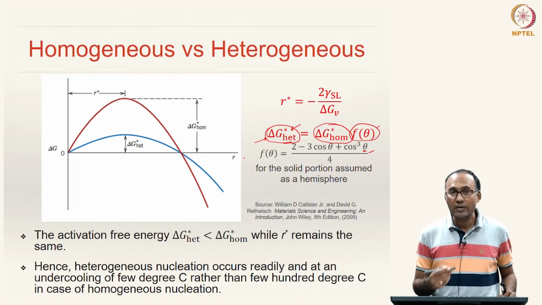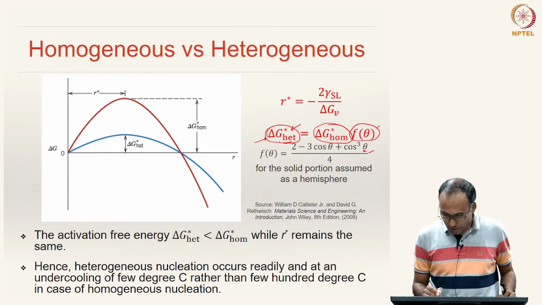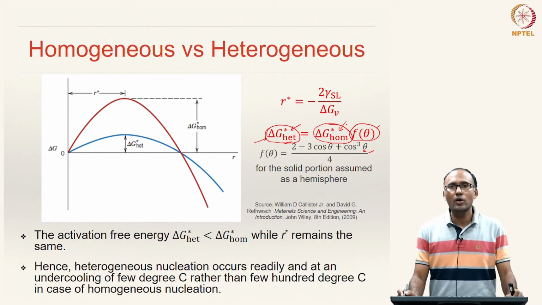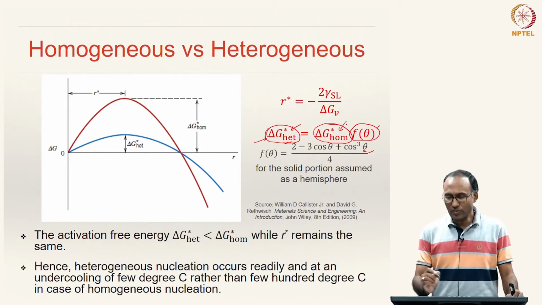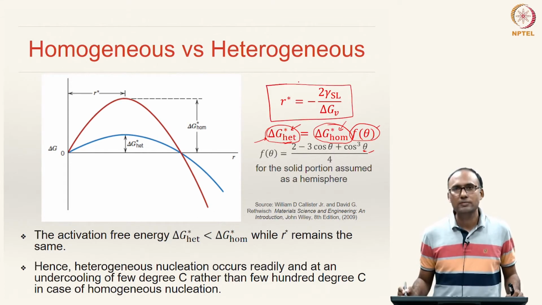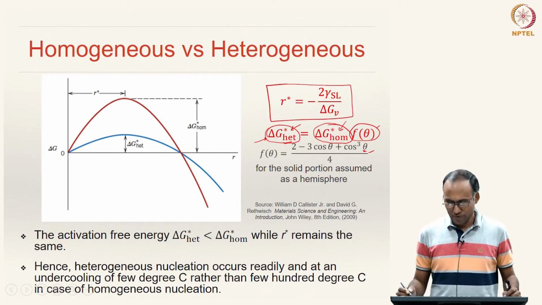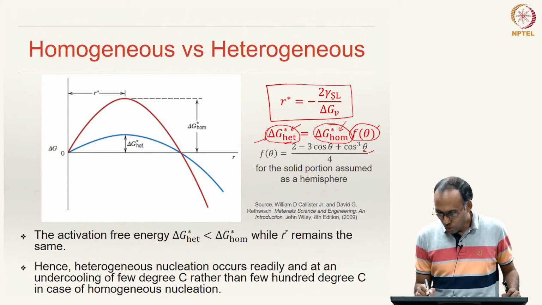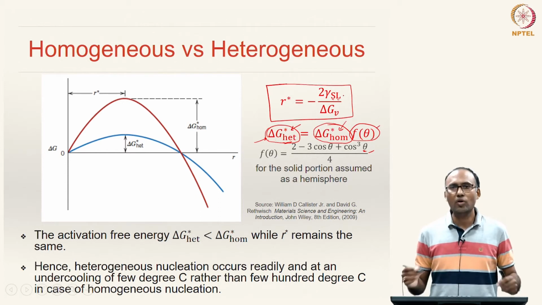is always going to be less than the activation energy required for homogeneous nucleation. However, the R star remains the same. So, this is gamma between the solid and liquid interface.